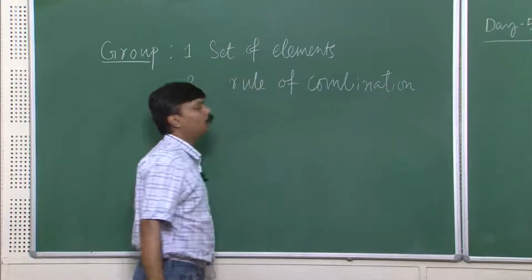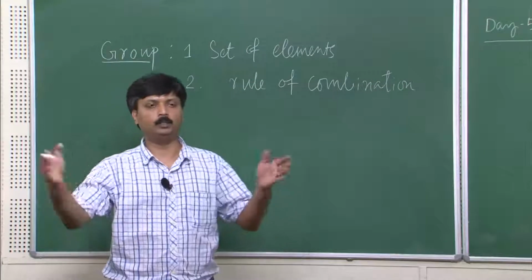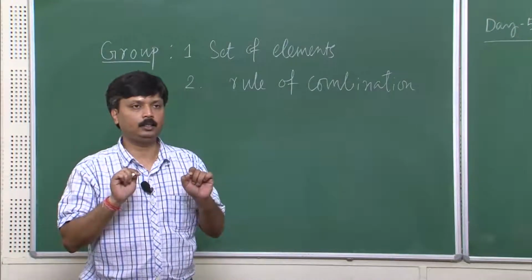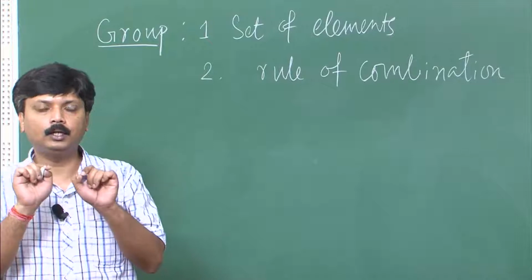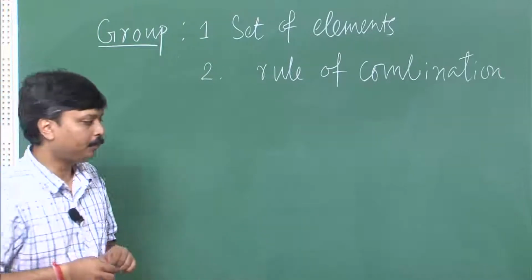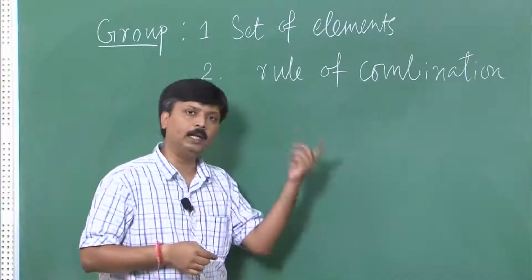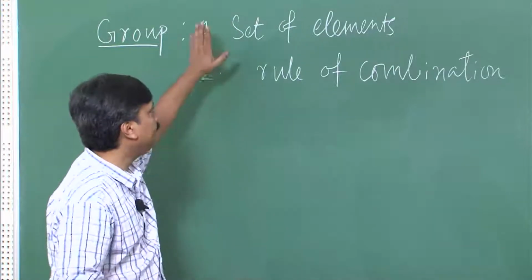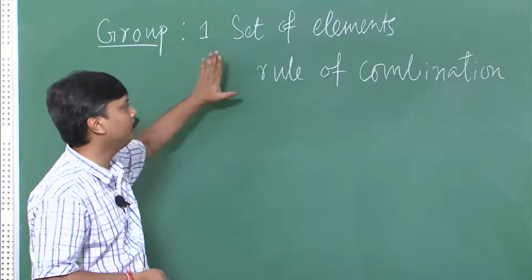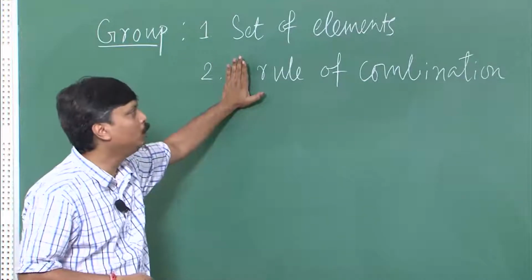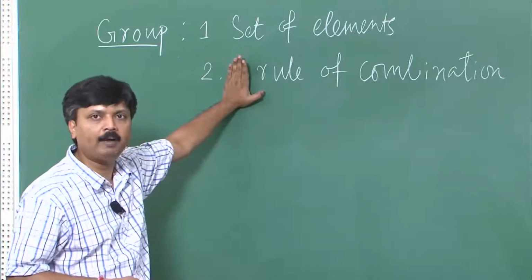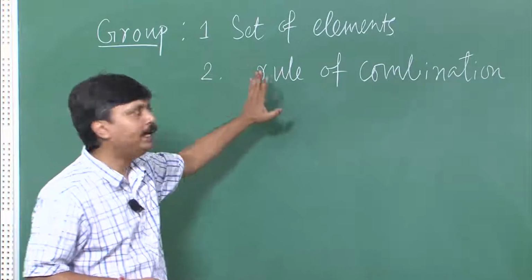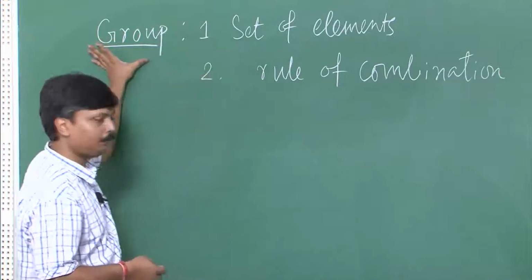Suppose I told you about a set like 1, 2, 3 and I say that algebraic addition is a rule of combination which can combine any two elements of the set. So I have a set of elements and a particular rule of combination which is well defined. Then I can have a group.